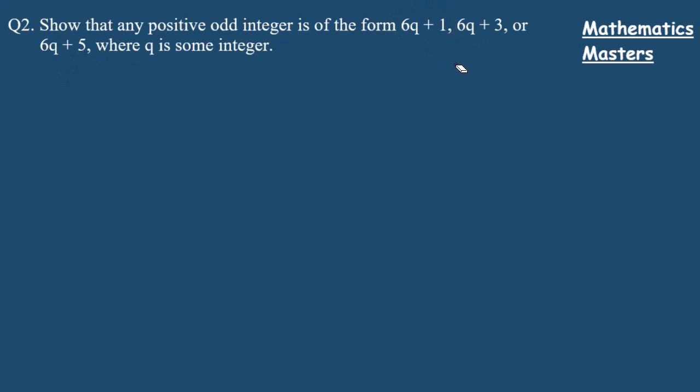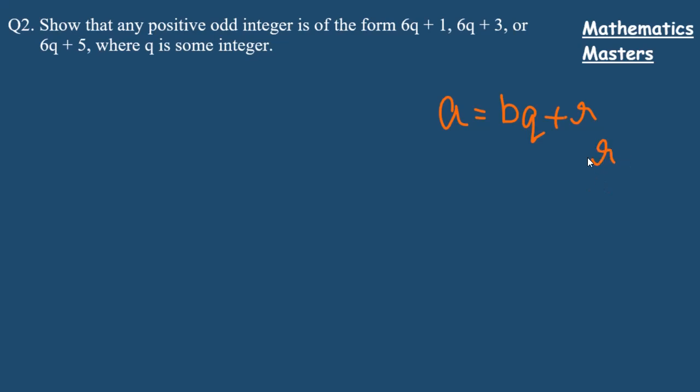Now, let us first write down quickly what the Euclid division lemma was. According to the Euclid division lemma, if I'm dividing any integer a by the integer b, I can write the integer a as bq plus r, where q is my quotient and r is my remainder.